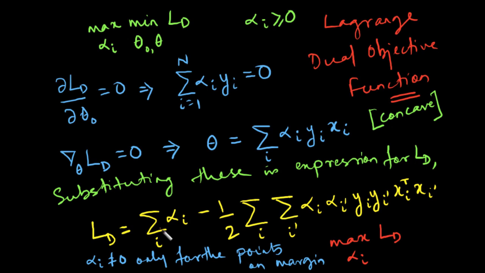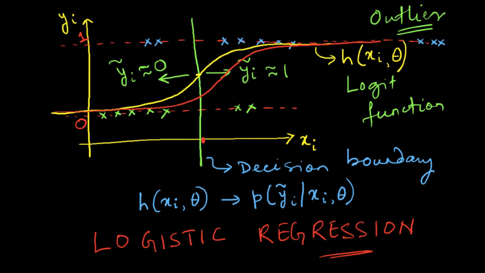So once again, to emphasize and to repeat the most crucial difference between logistic regression and support vector machines. In the case of logistic regression, we find a linear decision boundary, but also try to estimate the probability of our classification, which makes it difficult to handle outliers because it distorts the logit function.